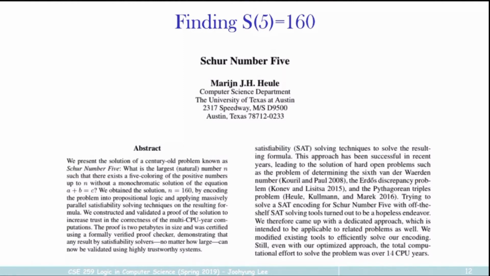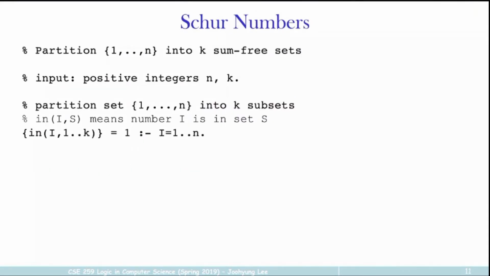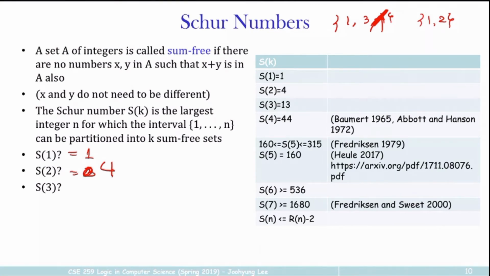Demonstrating any result by certified solvers, no matter how large, can now be validated using a highly trustworthy system. And it is conjectured in this paper that probably finding the value of S of 6 will be out of computing power at this point. Unless you have maybe quantum computing, it will not be possible to find this value.